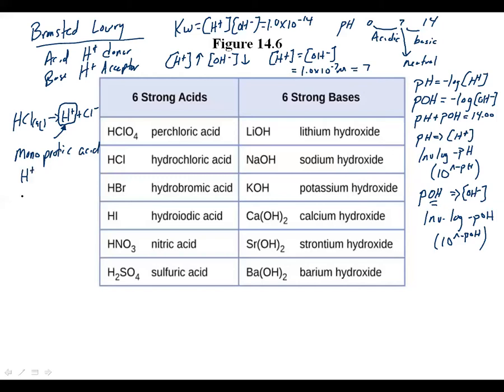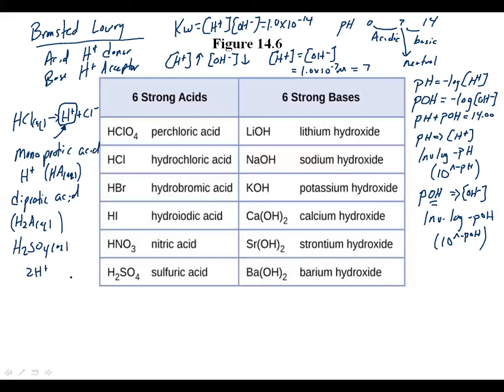There's also diprotic acids, which have a general formula like H2A. By the way, HA is the generic formula for a monoprotic acid. So something like H2SO4, which is sulfuric acid, actually has two H+ that can come off.